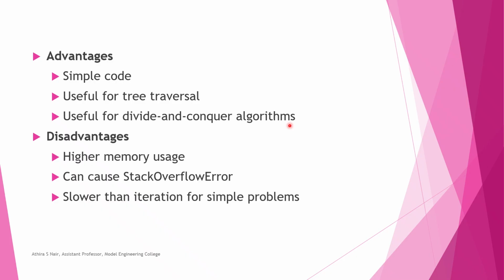And also recursion consumes stack memory because every method call creates a stack frame. So if recursion does not have a proper base case, it can result in a stack overflow error. So that's the main disadvantage, and it is slower than iteration for simple problems.